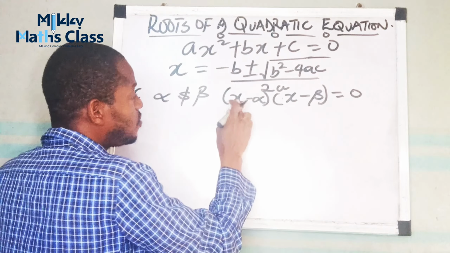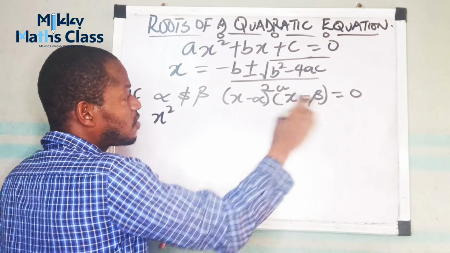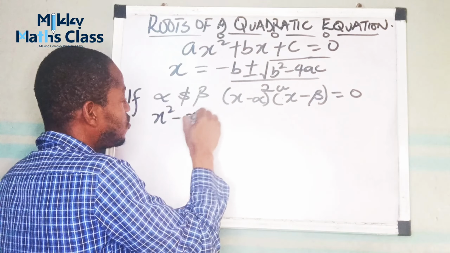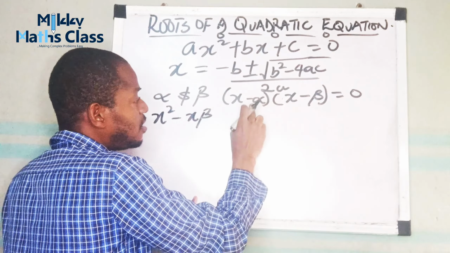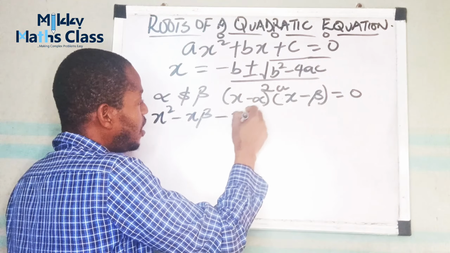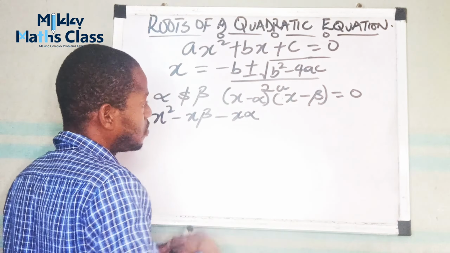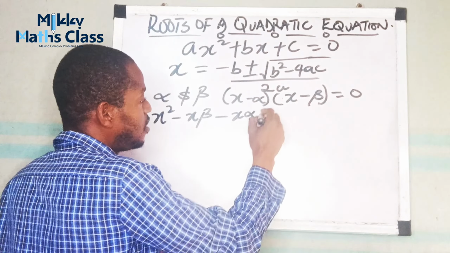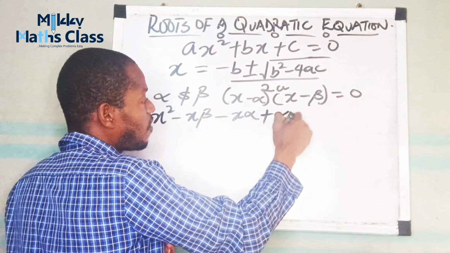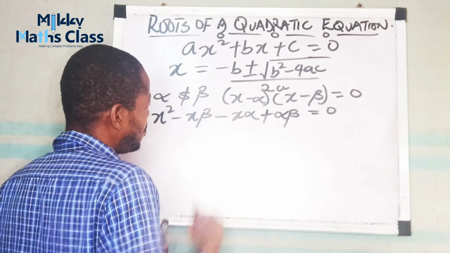When we expand this using the FOIL method, x times x, we have x squared; x times negative beta, negative x beta; negative alpha times x, you have negative x alpha; this times this, you have plus alpha beta equals 0. Now the next thing we do, we break it down.